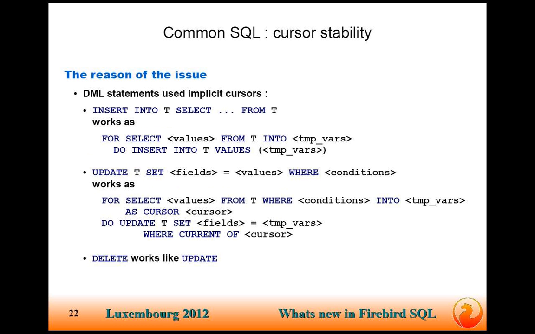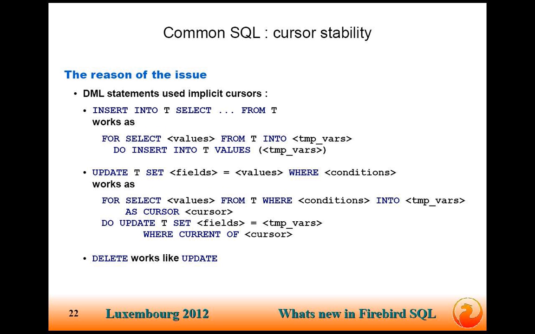So why this issue? Why is Firebird or InterBase so bad a database, or maybe not so bad? What's the reason for this? If you look at how the engine internally works with, for example, insert into select from kind of statements, it always creates an internal cursor for the select statement. It loops over it, and every found row is immediately inserted into the target table.